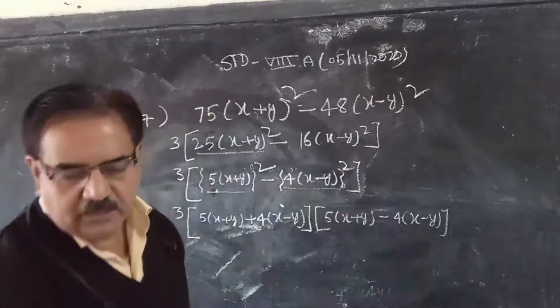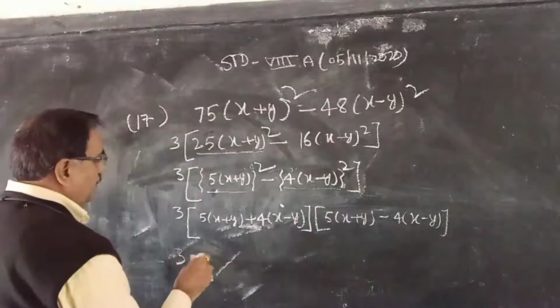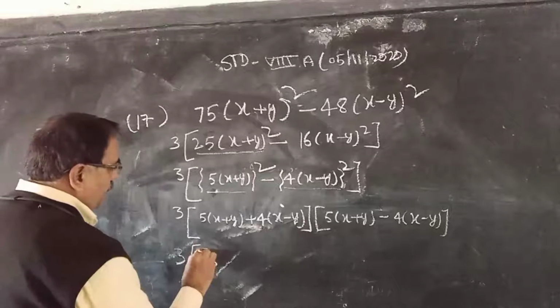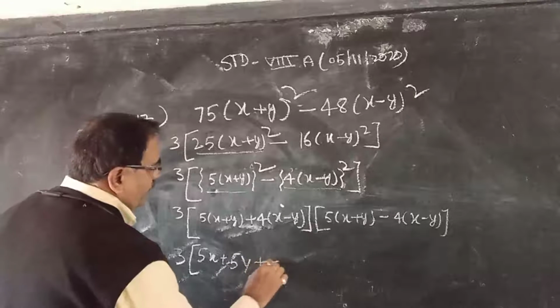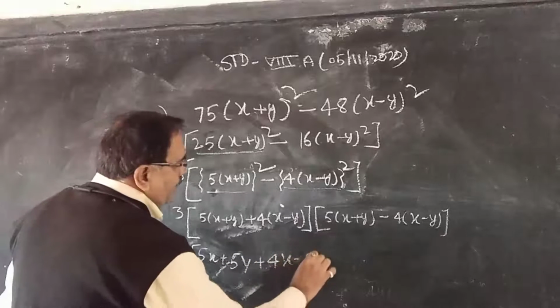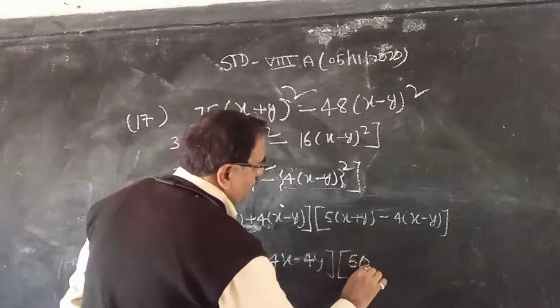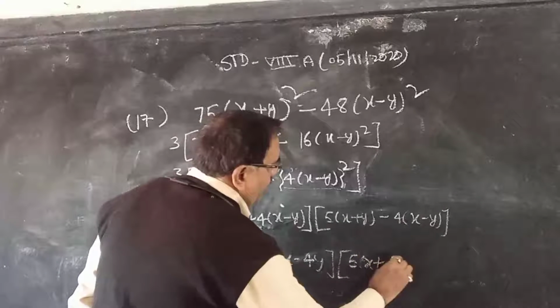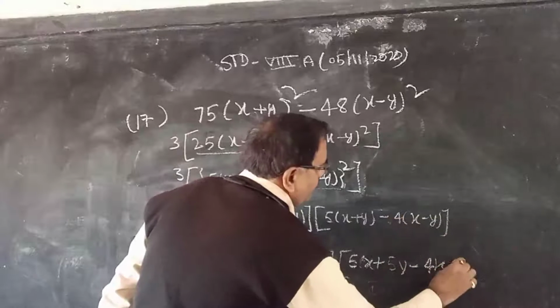Now 3, open the bracket, 5x plus 5y plus 4x minus 4y, and this one 5x plus 5y minus 4x plus 4y.